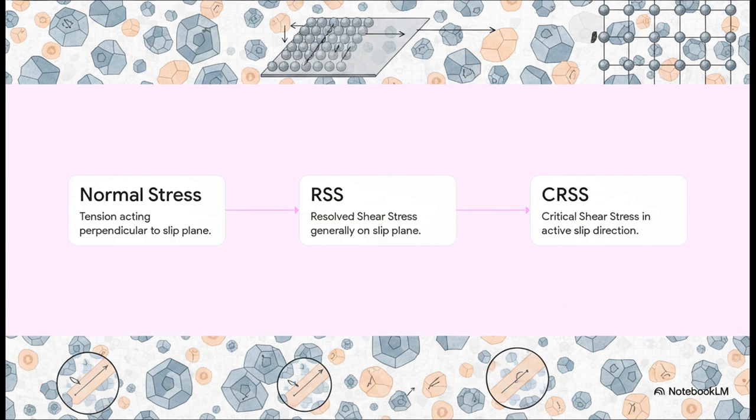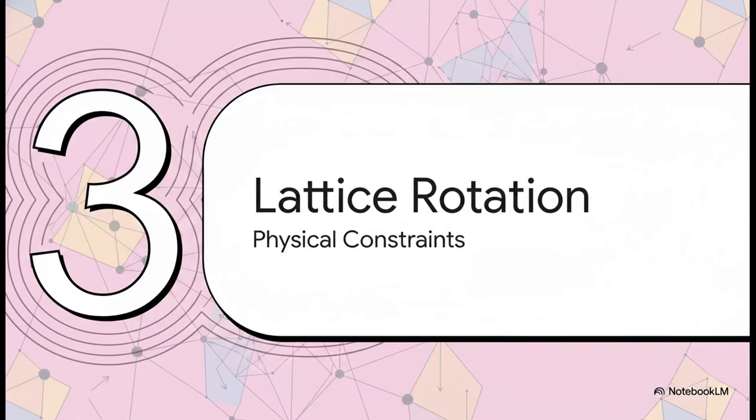The absolute crucial takeaway here is that macroscopic yielding is not some arbitrary event. It happens precisely when the applied stress resolves into a critical shear threshold that is entirely intrinsic to the material's atomic bonds. Let's transition into Section 3, kinematics of lattice rotation, exploring physical constraint and dynamic geometry.